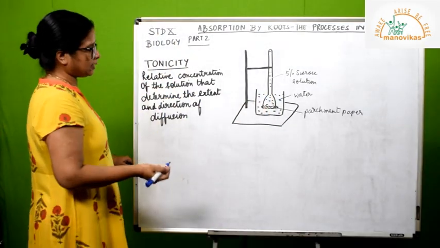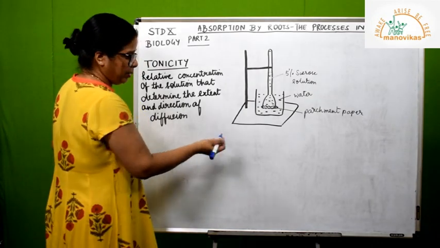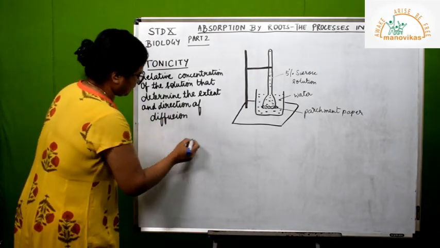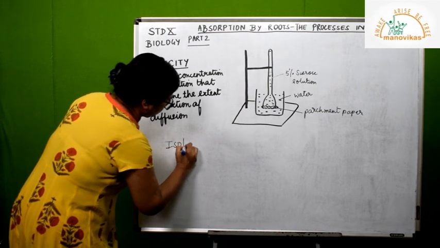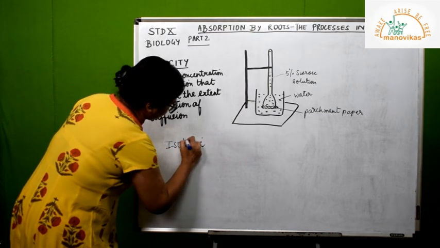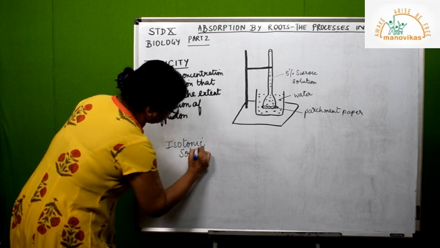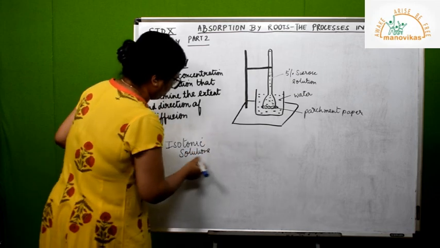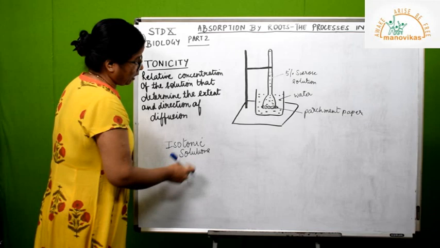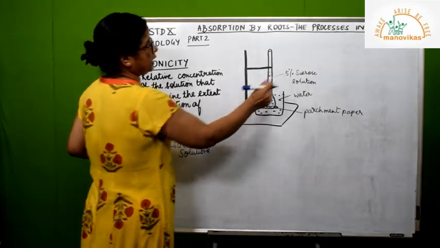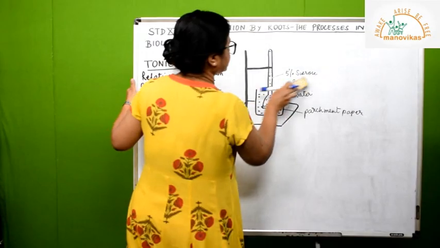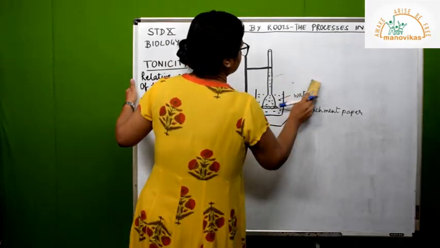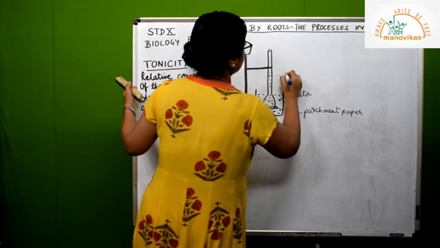Now that brings us to some more important terms. Let's say I say isotonic solution, solutions on both sides. Now what happens here? Suppose I am keeping water inside and water on both sides.